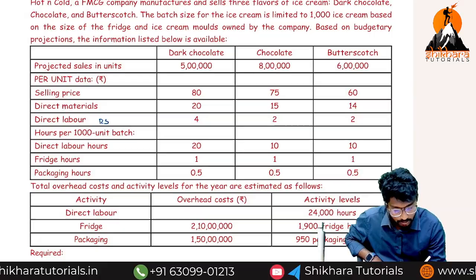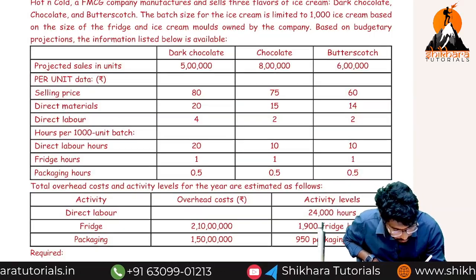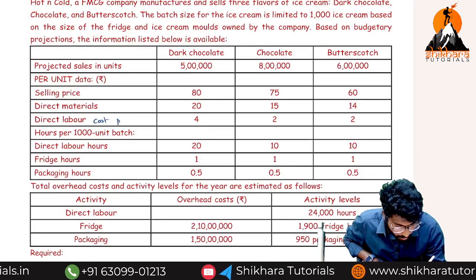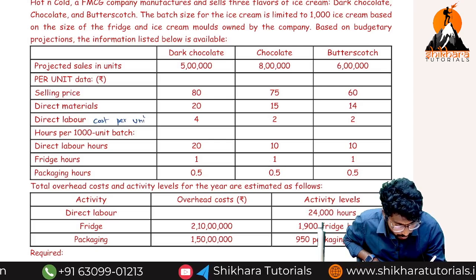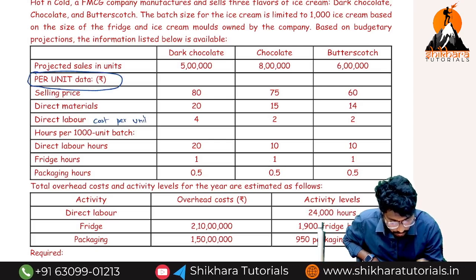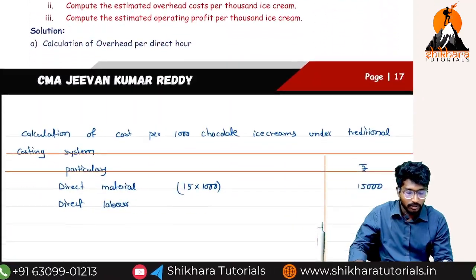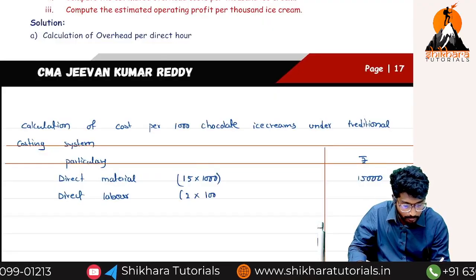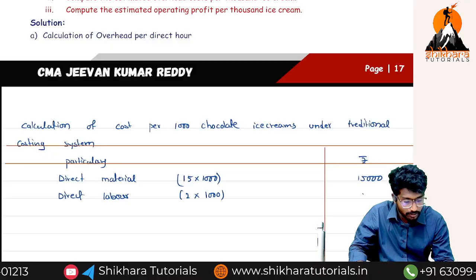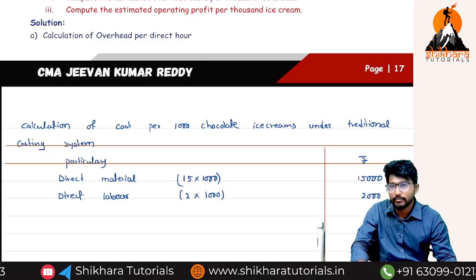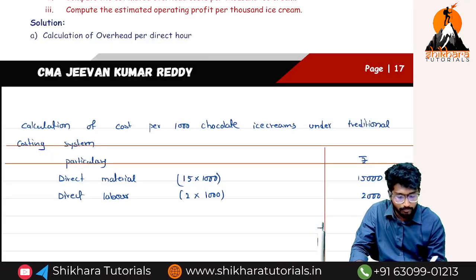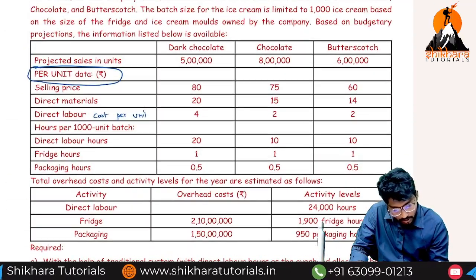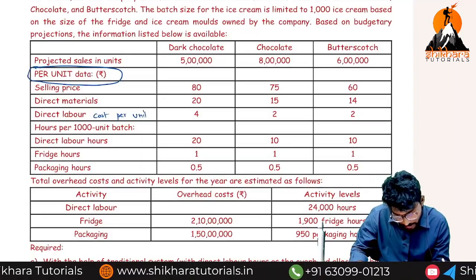Direct labor cost: here data is missing, so take it as direct labor cost per unit. Oh, here it is given. It is 2 rupees per unit into 1000, that is 2000. That's it. Next, overheads. Did he give any other information in direct cost? No.